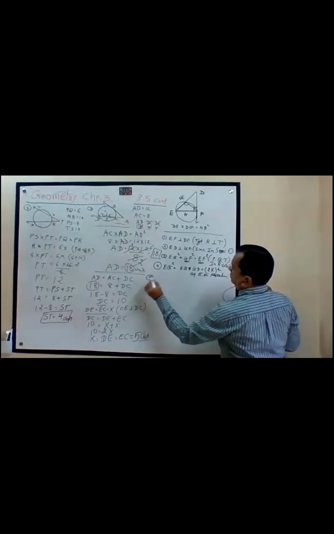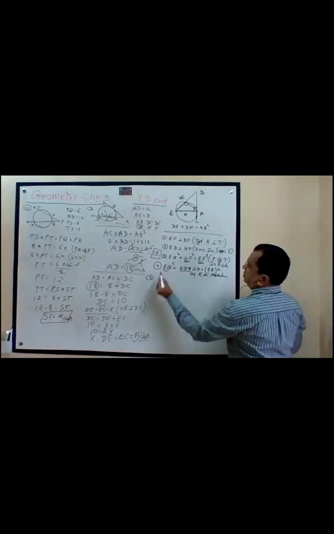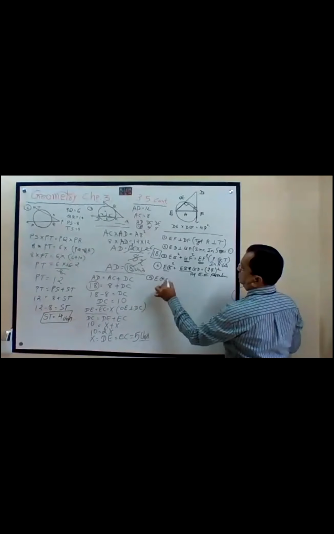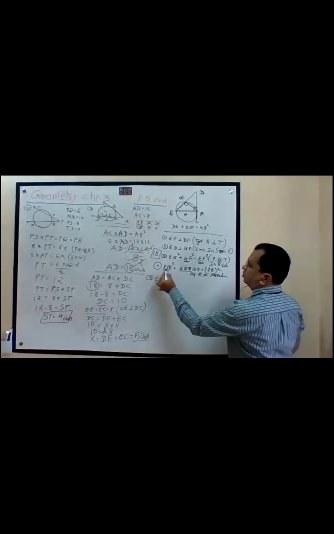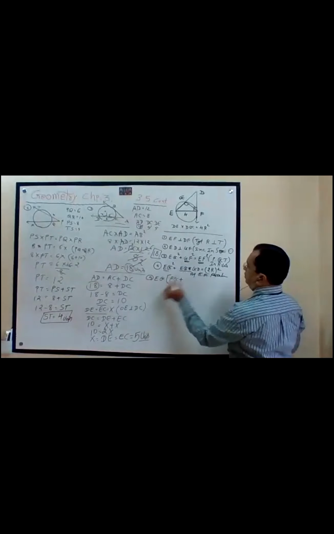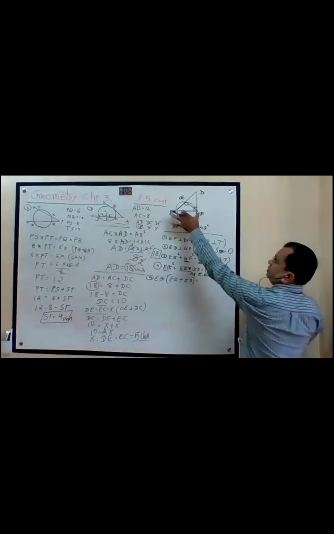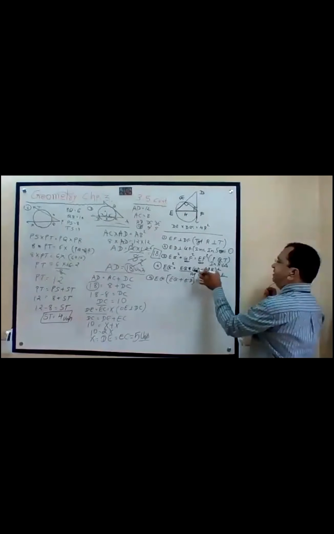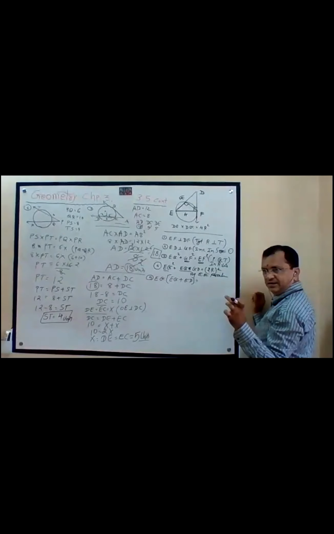Now fifth, I will take EG common. If EG is common, one time out, one time in. EG out, so GD only remains. This is a diameter. Diameter means double radii.